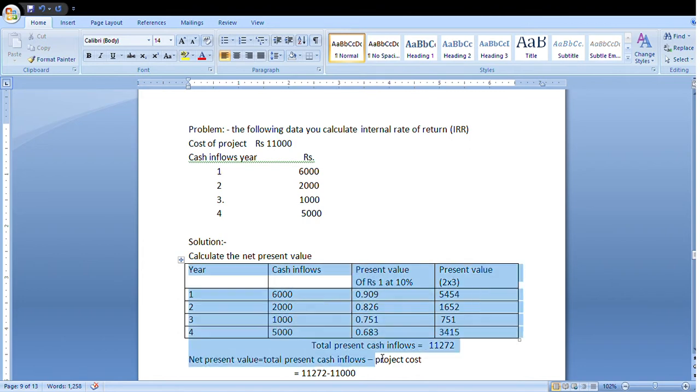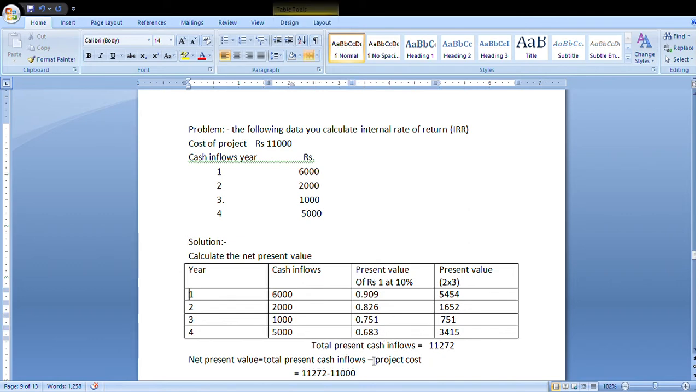The third column you enter based on the net present value table for 1 rupee. This is also a present value table.